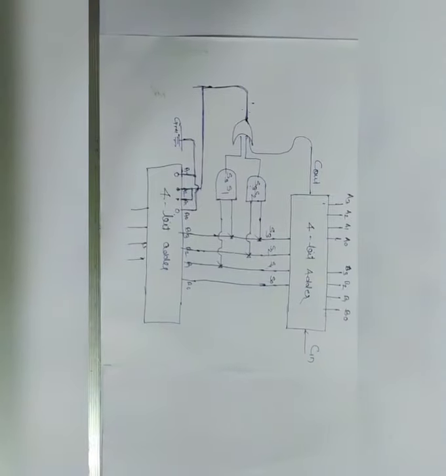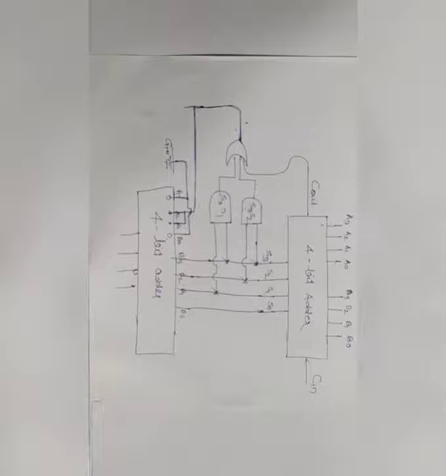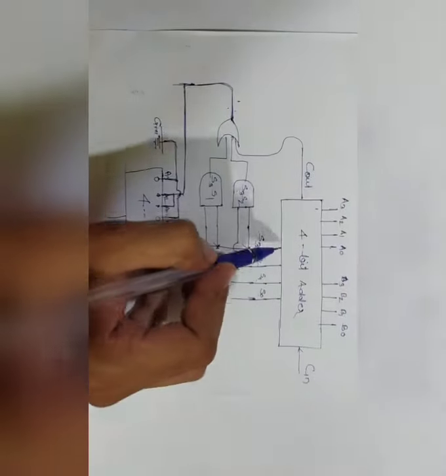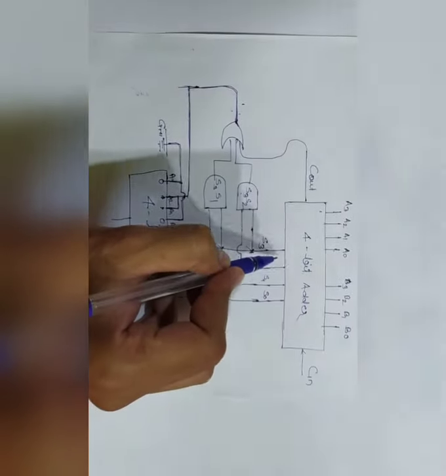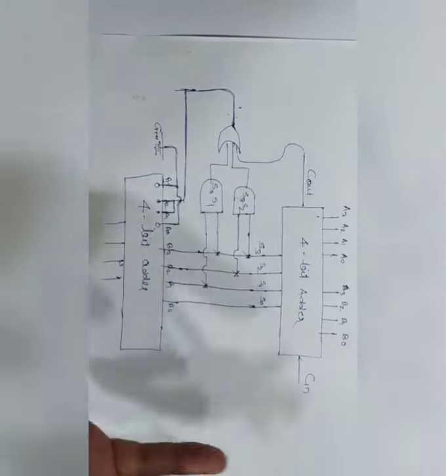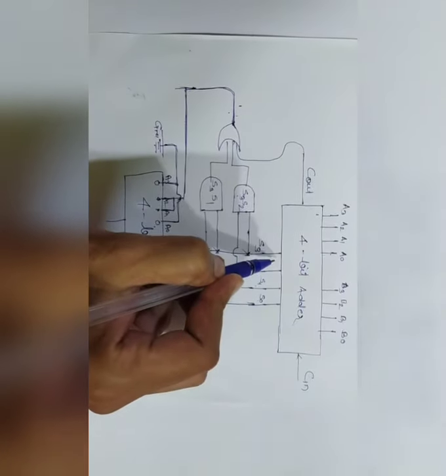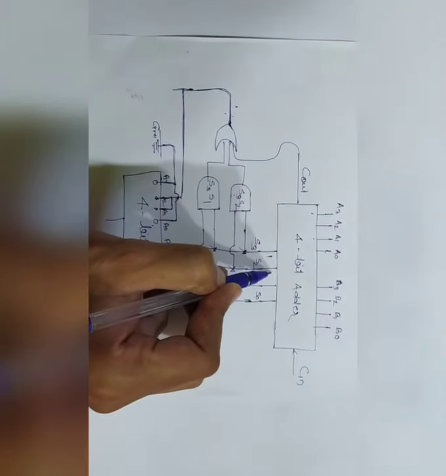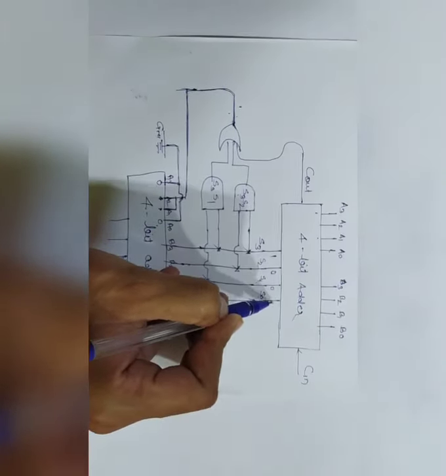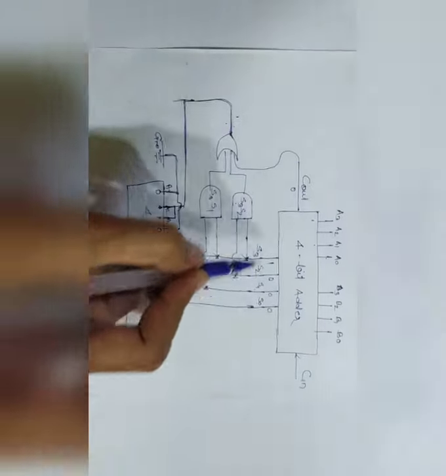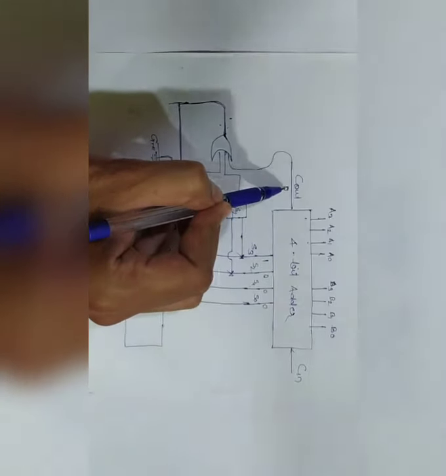Now see what happened here. I'm taking the example: if the addition is less than 9, what happens, and if the addition is greater than 9, what will happen. Now if the addition of these 2 bits is less than 9, suppose 8, and carry is not generated here, that means carry out is 0, right?